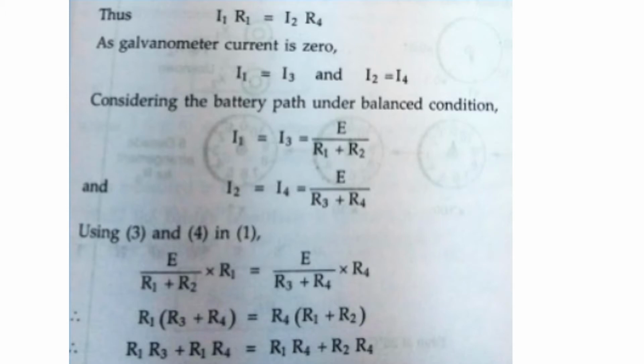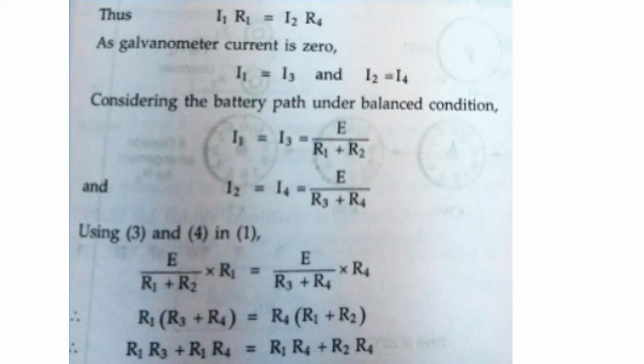In the balance condition, we have I1 R1 equal to I2 R4, and as the galvanometer current is 0, I1 equals I3 and I2 equals I4.